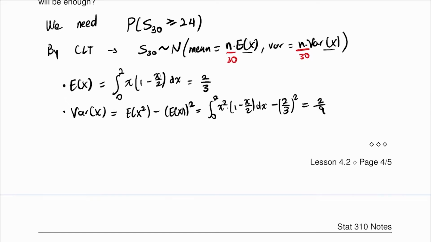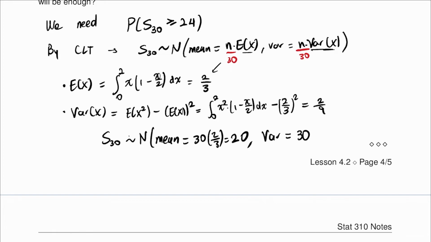So finally, S30, the sample sum, is normally distributed with mean equal to n times this expected value, so it's 30 times 2 over 3, which is 20. The variance is n times the variance of x, so it's 30 times 2 over 9, that is 20 over 3, right?